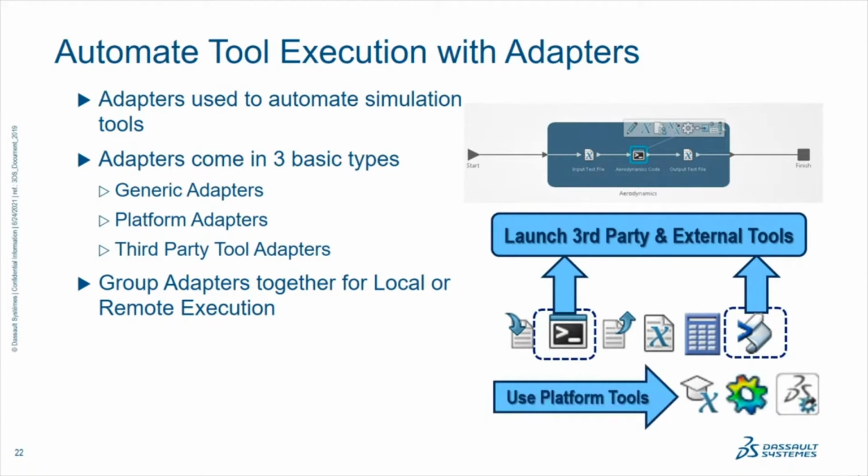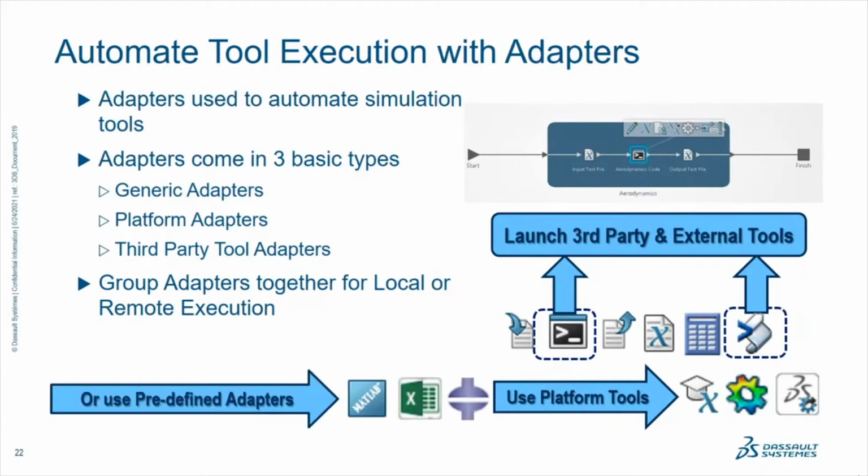Some additional adapters are created to work with tools that exist on the platform. So if you want to change parameters associated with a geometric CATIA model, for instance, you would use one of these platform adapters. We have an adapter that works with the different simulation tools that are native to the platform. We have some native finite element analysis and CFD tools that can be executed using the simulation adapter. And if you have a Dymola behavior model, you can exercise that using the utility adapters.